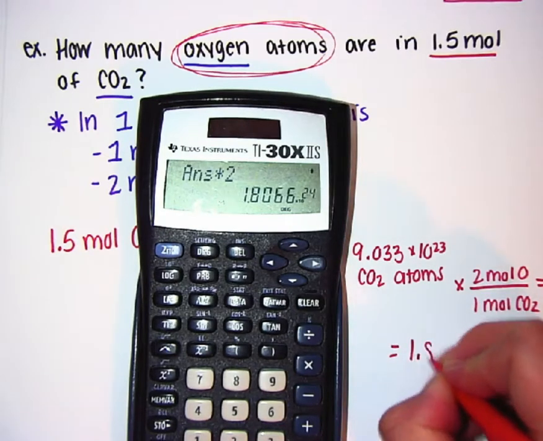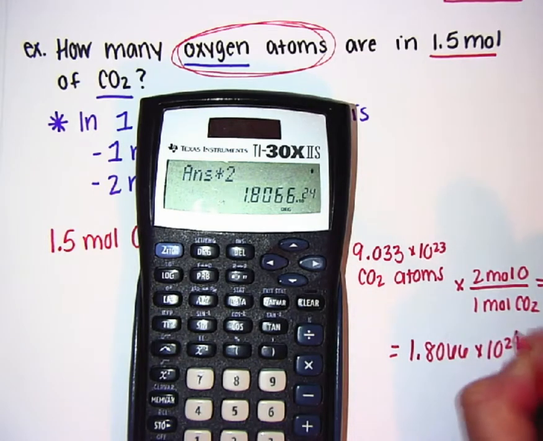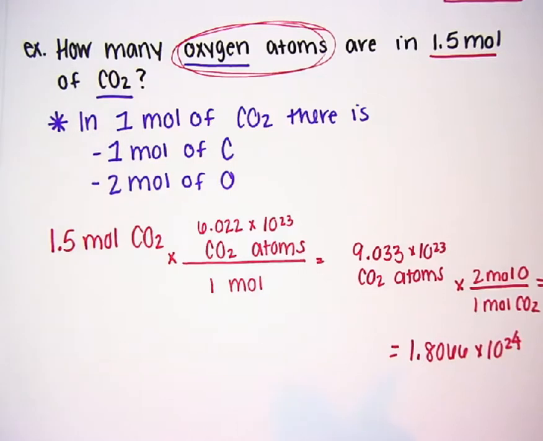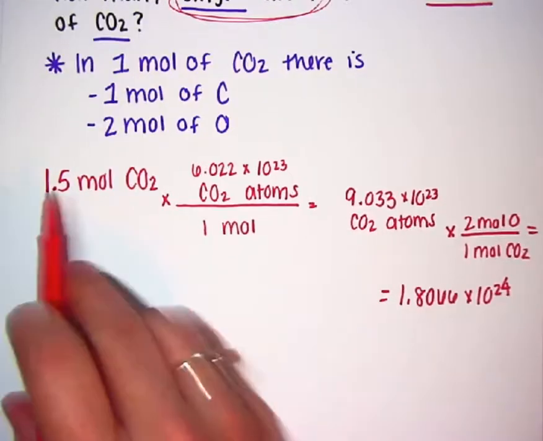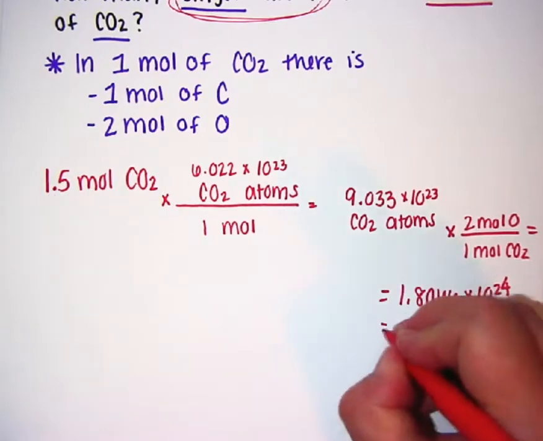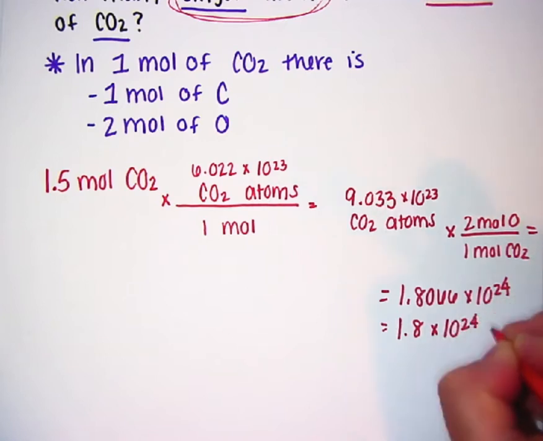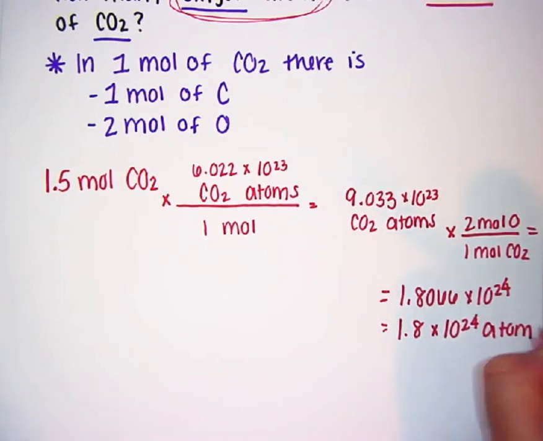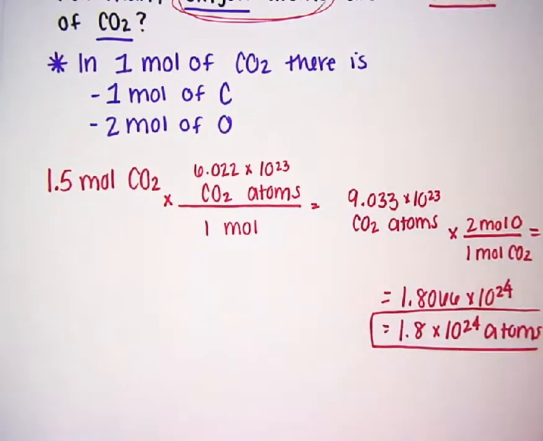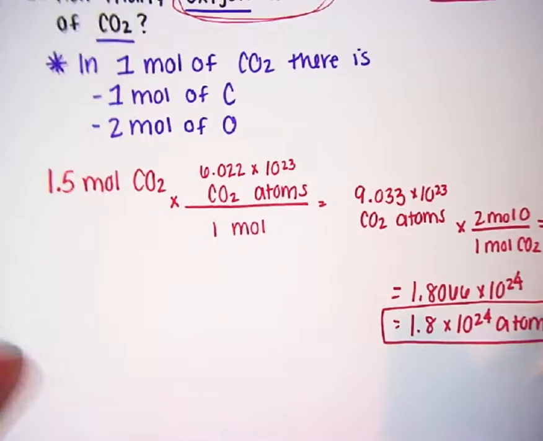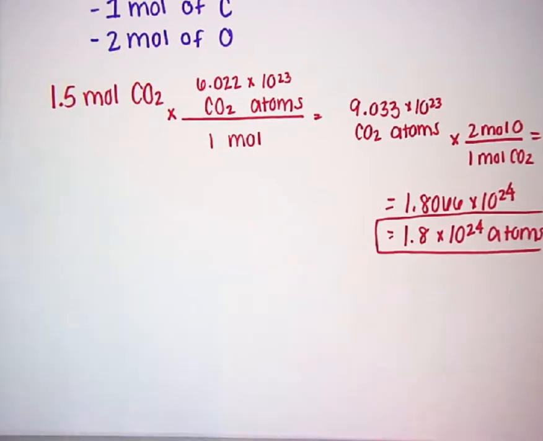So 1.8066 times 10 to the 24th. We always want to round, in this case, to significant figures. And then we need units. Let's try one more like this, and we're going to set it up like a 2-step conversion and just do the whole calculation together.